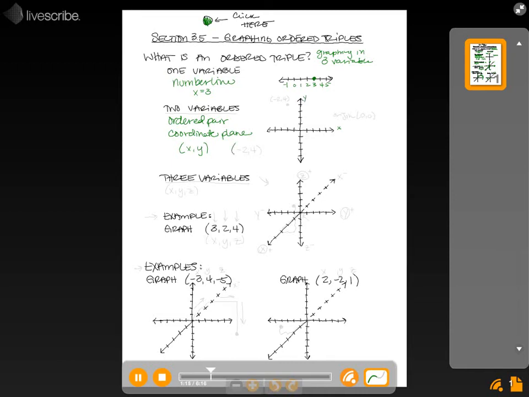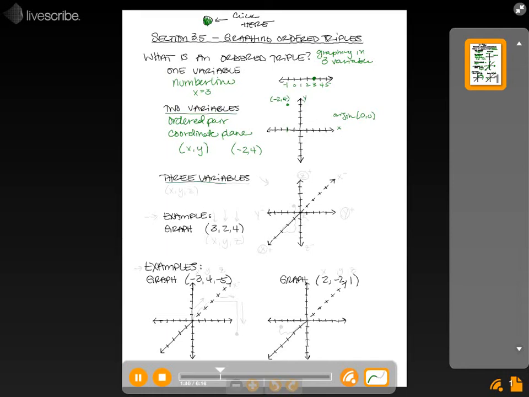So if we were going to graph the point negative 2, 4, we would start at 0, 0 at the origin, go to the left 2, and then go up 4, since it's positive, and we would put a point, and that point is negative 2, 4. That's how we graph in 2 variables.